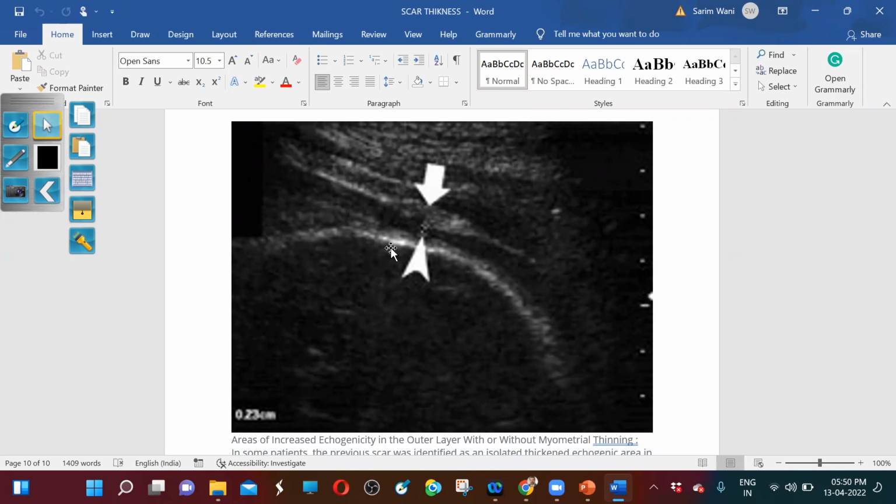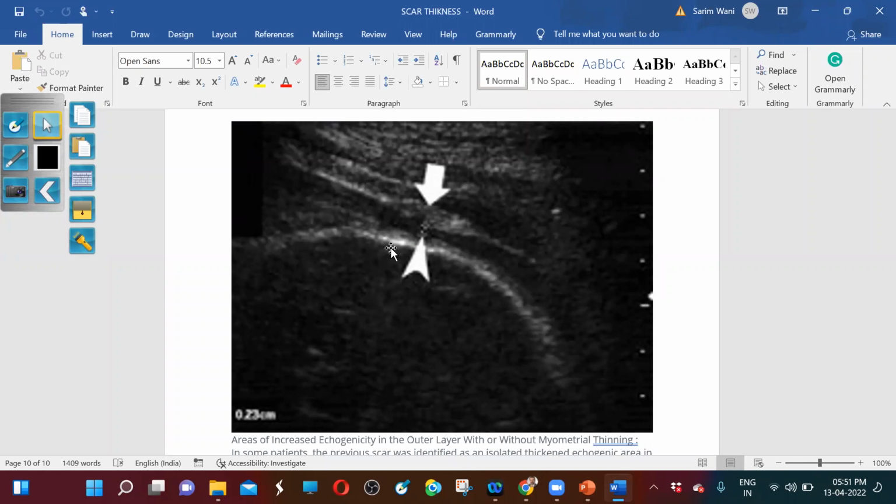What is wrong over here? Why did that doctor give you 4 millimeters when it was about to rupture? Because that doctor has taken the urinary bladder thickness into account. That is why I'm stressing the urinary bladder.